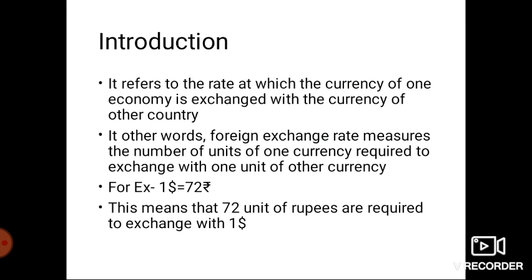If we suppose there are 200 countries in the world, each and every country is dependent on each other for some one commodity or two commodities.